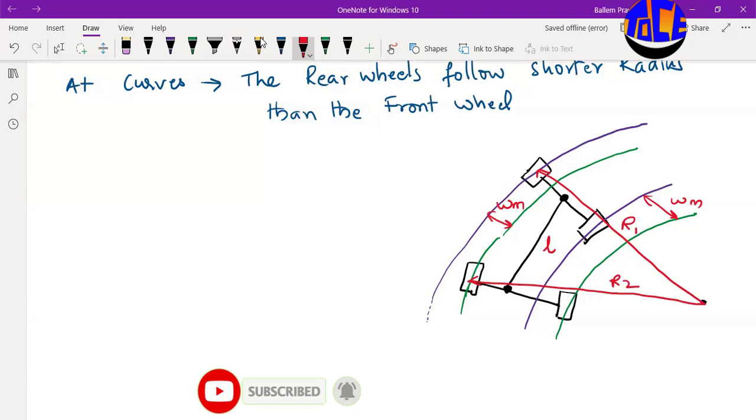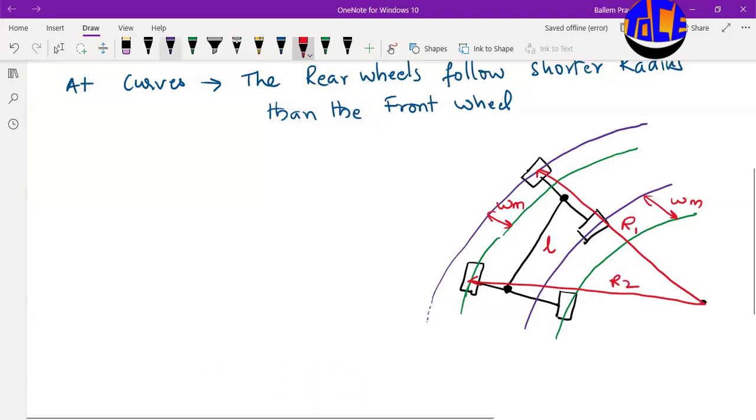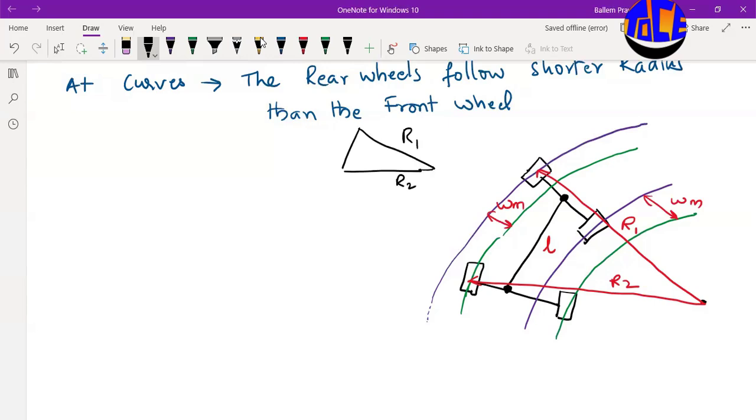Let us derive an expression for WM. It looks like a triangle, with sides R2, R1 and L, so we can use the Pythagoras theorem. R1 square is equal to R2 square plus L square.